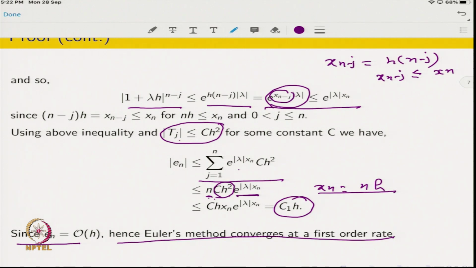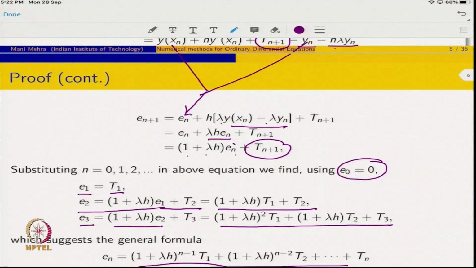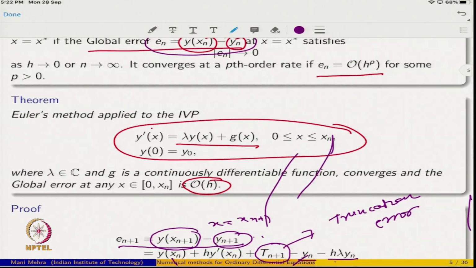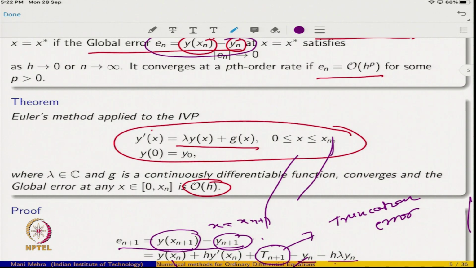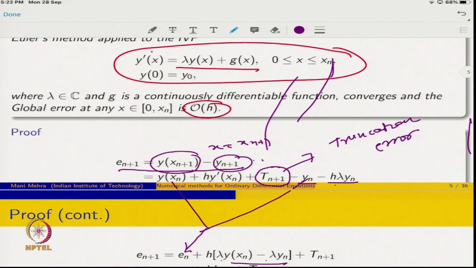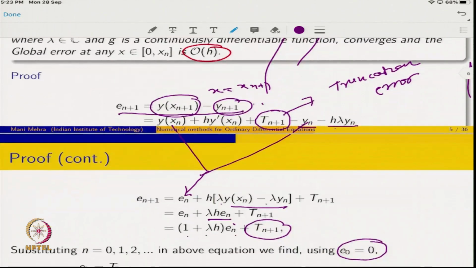Okay. So, in this theorem, just for simplicity we have chosen a specific value of f(x,y). You can also work for general f(x,y), but in that case you have to use some inequalities, because here we are also making one condition that g is a continuously differentiable function, but you can do it for general f(x,y) also in a similar way.